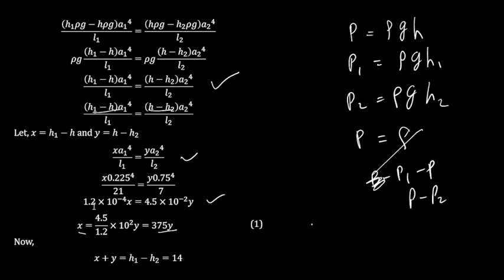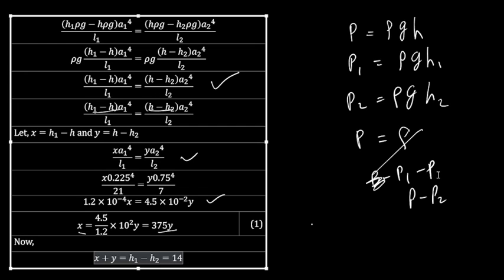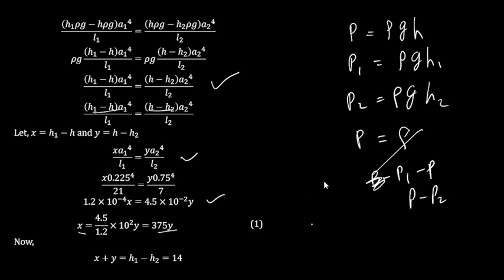So x plus y gives us h1 minus h2, which corresponds to the pressure P1 minus P2, and it is given to be 14 centimeter of mercury column. We note this as equation 1 and this is equation 2.